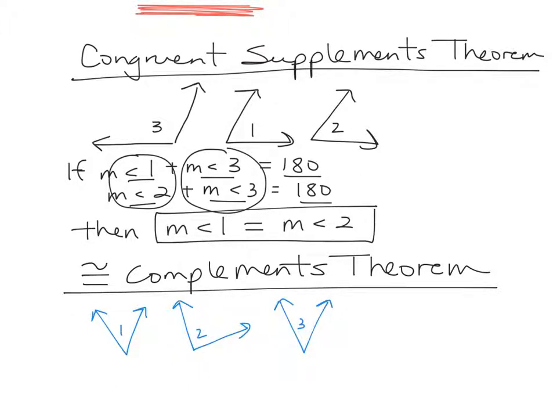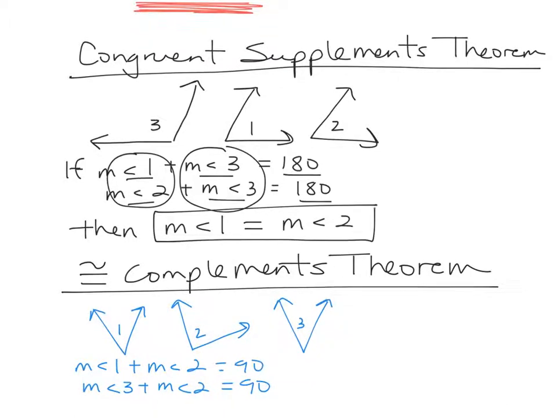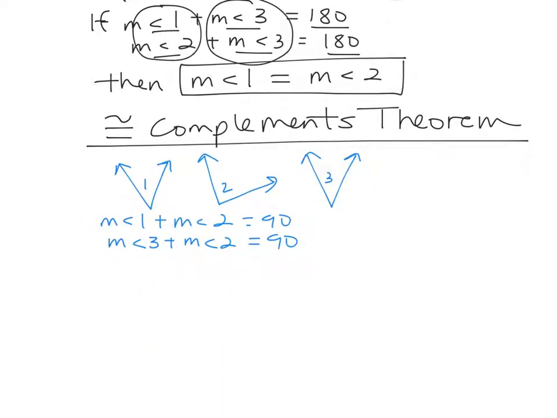So if I say the measure of angle 1 plus the measure of angle 2 is 90, and the measure of angle 3 plus the measure of angle 2 is 90. Okay, so if those two add up to 90 on both sides, then we can say the measure of angle 1 is equal to the measure of angle 3.